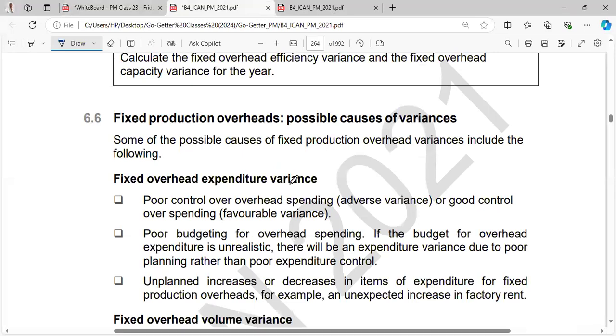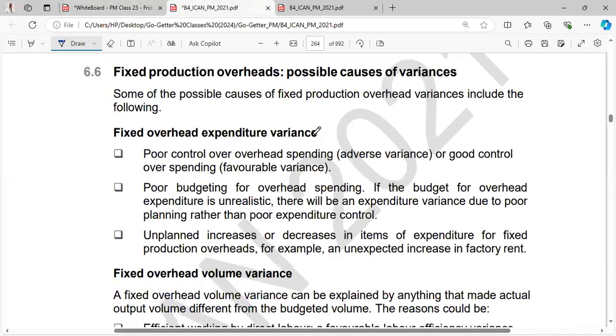Poor control over spending will give you adverse, or good control over spending will give you favorable variance. Poor budgeting is different from poor control.